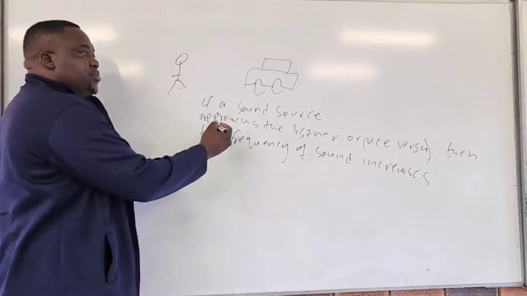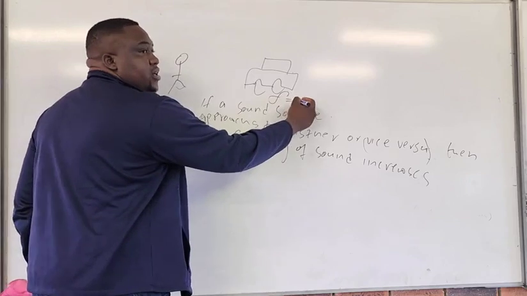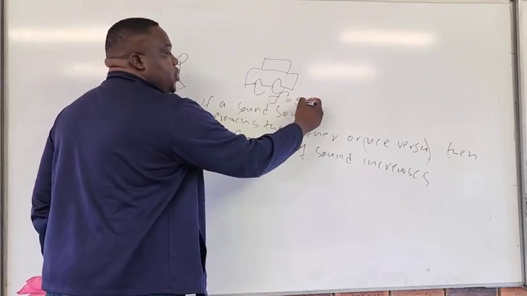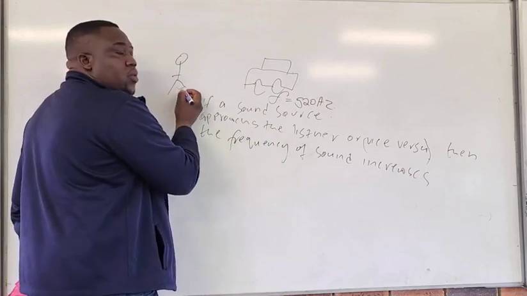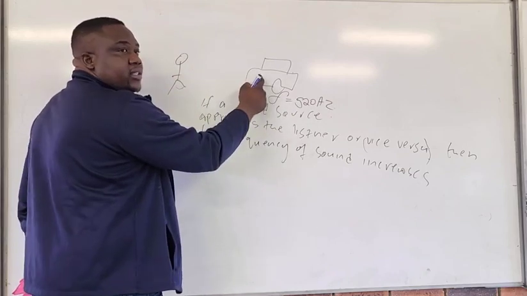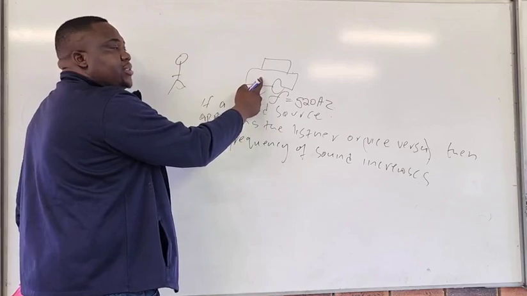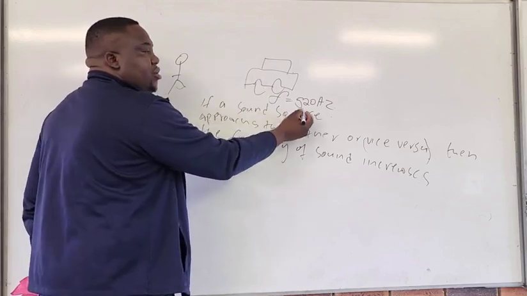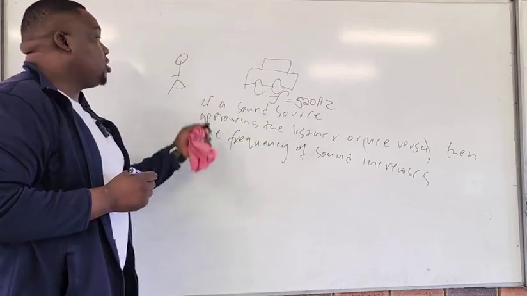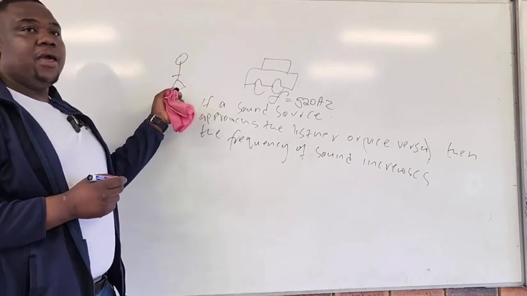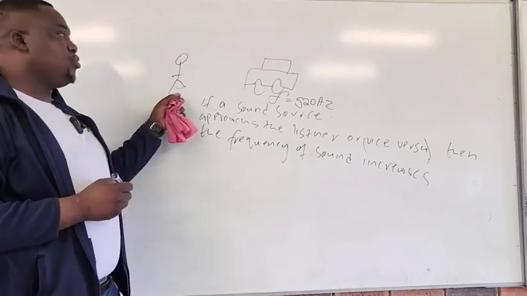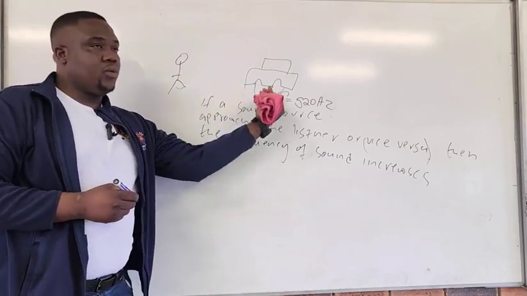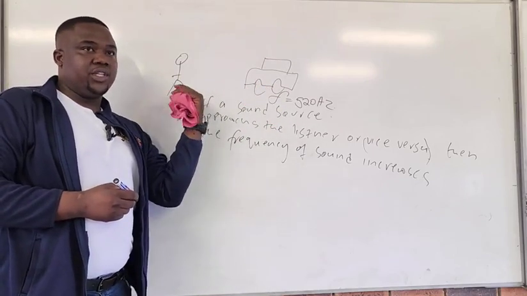If this sound source, the ambulance, produces a frequency of 520 Hz, this person who is being approached is going to perceive a much higher frequency because the sound source is approaching.